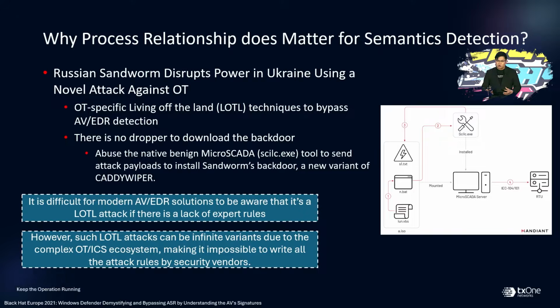But why is the process relationship so important for semantic detection? In our evaluations, we saw too many OT-specific attacks that leverage living-off-the-land attacks. If we don't have a process chain, it is hard to determine those attacks because we only have single binary behavior.